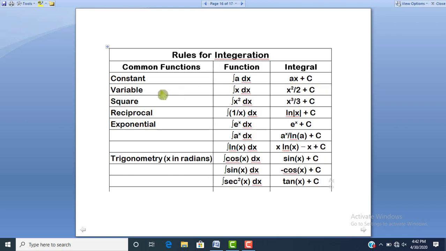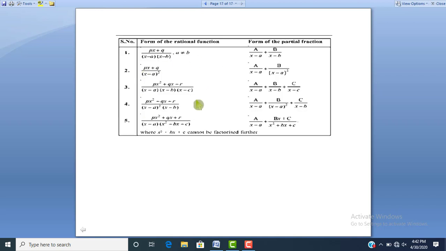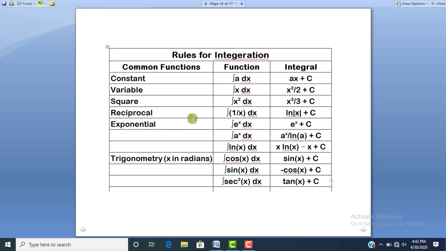Similarly, if there is a variable, then integral x dx will be written as x square over 2 plus c. Similarly, for the square, reciprocal, exponential, trigonometry and some power rules, they have been written at the end of this lecture, so you can take help from there.